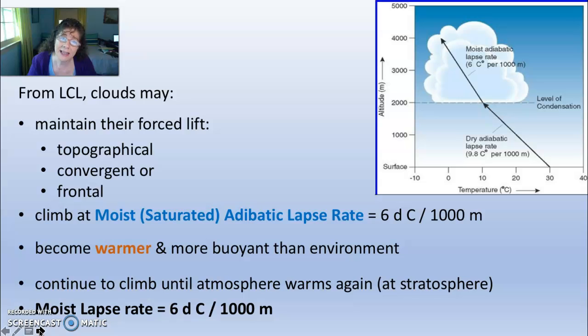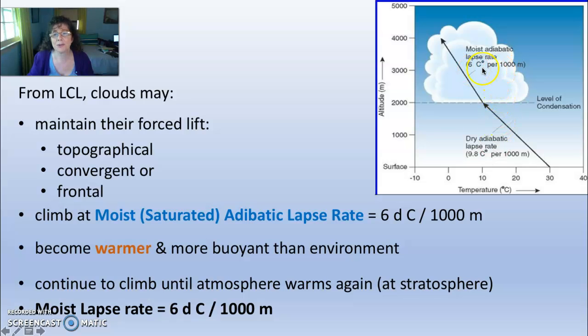After it is condensed, it no longer follows the dry adiabatic lapse rate. Instead, it follows what's called the moist adiabatic lapse rate. It is different. It is 6 degrees Celsius per 1,000 meters, as compared to about 10 degrees Celsius per 1,000 meters.